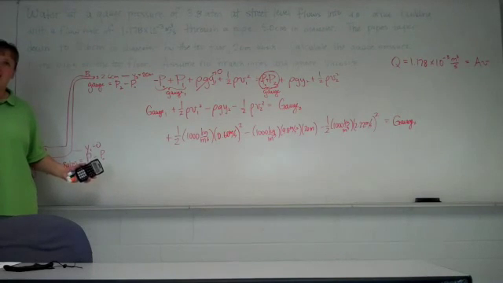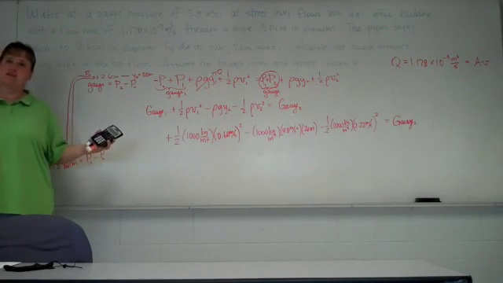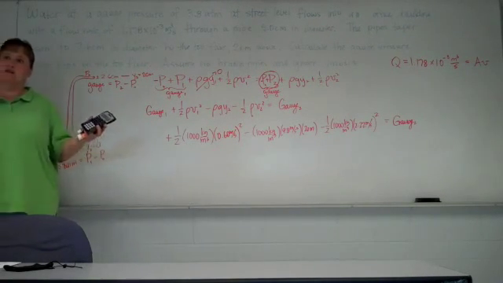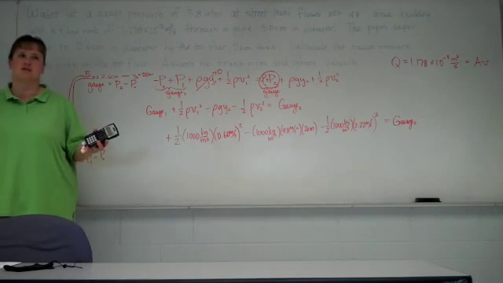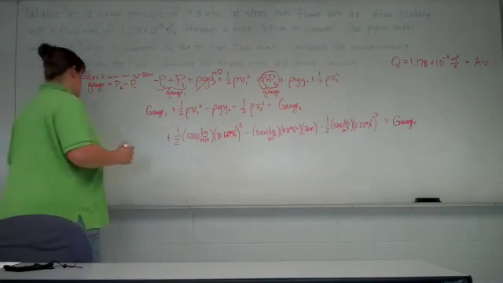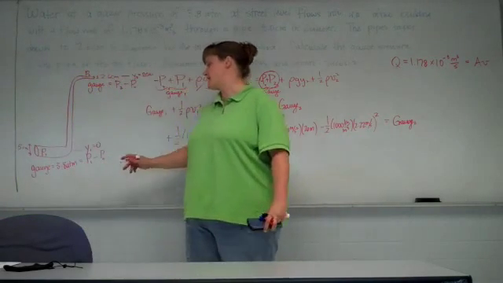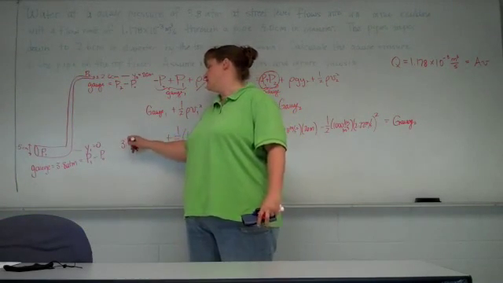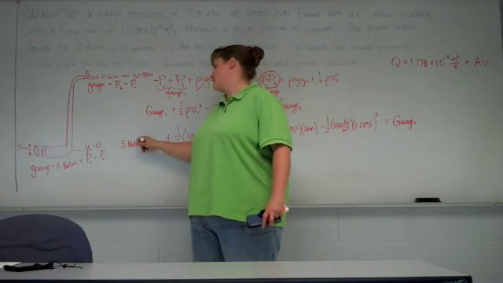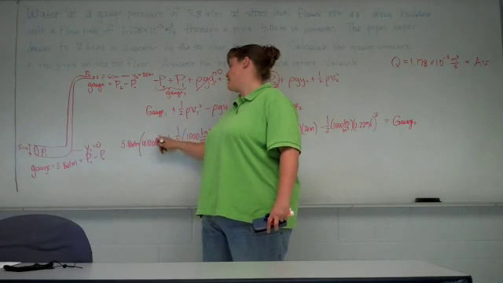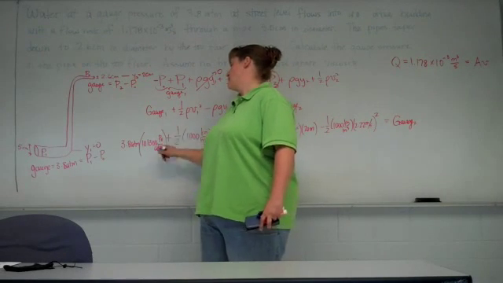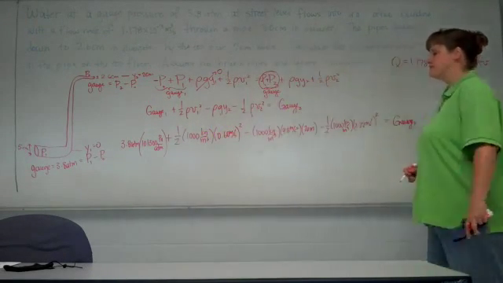We can't add atmospheres to pascals. It's not legal. That would be like saying 10 feet plus 2 centimeters is 10.2 centimeters. That doesn't work. We need to have common units. So we need to convert this to pascals, which is easy enough. We know there's 101,300 pascals per atm. So it's easy enough to convert.